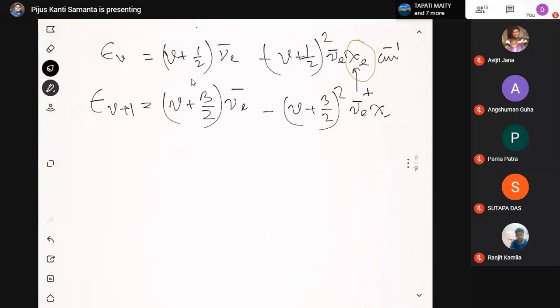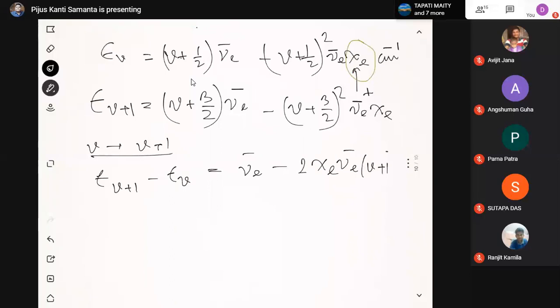And if we take the absorption from the v to the v plus 1 level, then we have E_(v+1) minus E_v. So this will be nu-bar minus 2 chi nu-bar times (v plus 1). This is the second term.